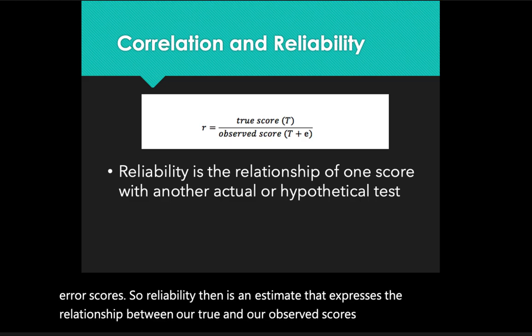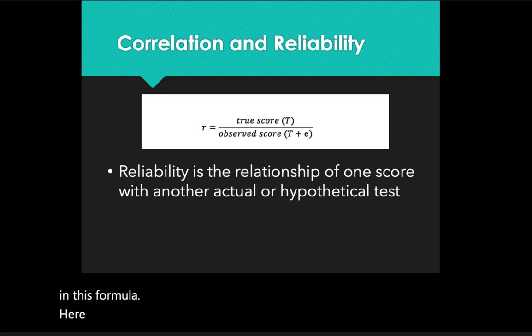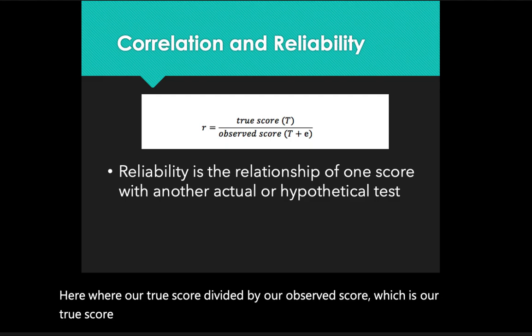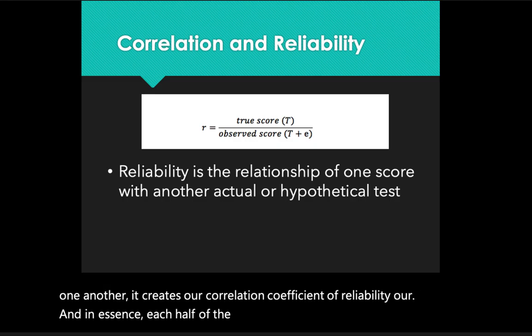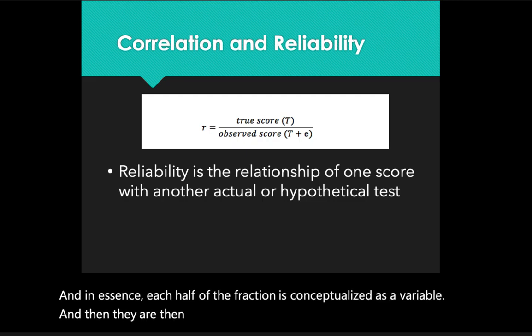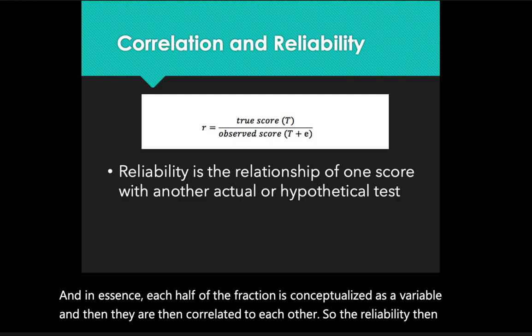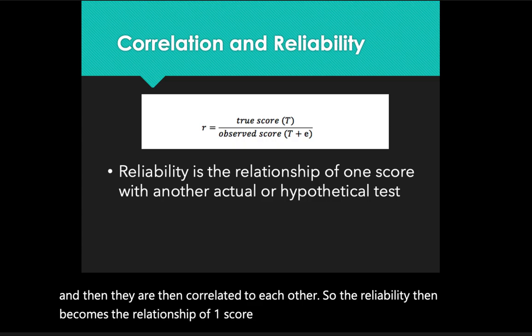And you can see it in this formula here, where our true score divided by our observed score, which is our true score plus our error score, when you talk about those in relation to one another, it creates our correlation coefficient of reliability, our R. And in essence, each half of the fraction is conceptualized as a variable, and then they are correlated to each other. So the reliability then becomes the relationship of one score with another actual or hypothetical test of that score.